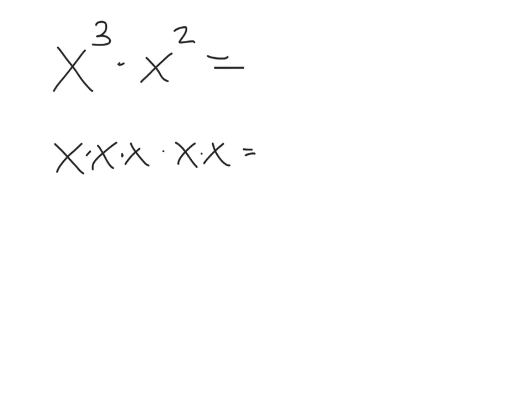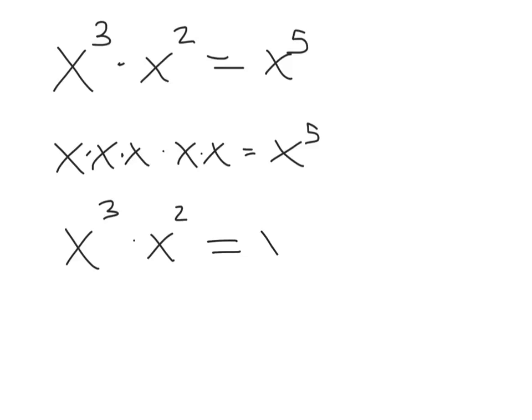And that means I have 5 x's. Another way you can do that is if you're multiplying with exponents and they have the same base, what you can do is just add the exponents together.